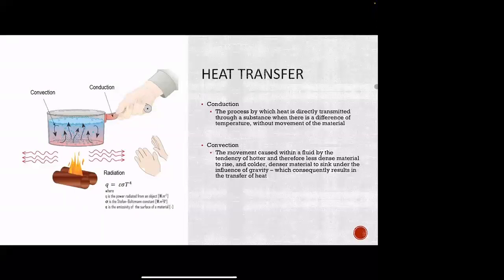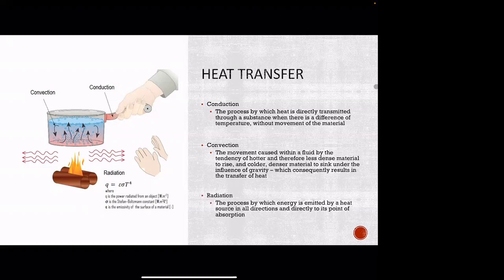Convection is the movement caused within a fluid by the tendency of hotter and therefore less dense material to rise. And colder, denser materials will start to sink under the influence of gravity, which consequently results in the transfer of heat. And finally, radiation. Radiation is the process by which energy is emitted by a heat source in all directions and directly to its point of absorption.